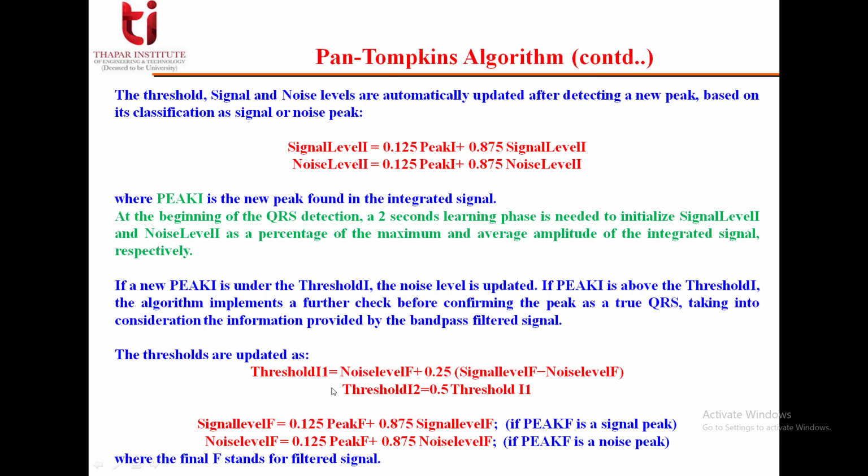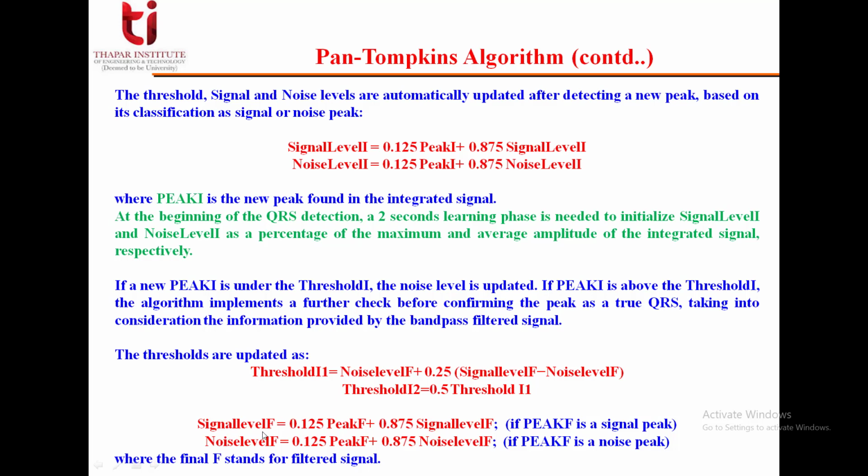So threshold 1 will now be updated to threshold I1 = noise level f plus 0.25 times (signal level f minus noise level f). Here f denotes that it is for the filtered signal, and threshold I2, the second, will be 0.5 times threshold I1.